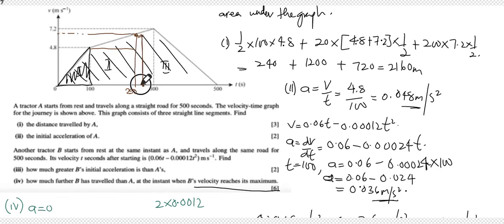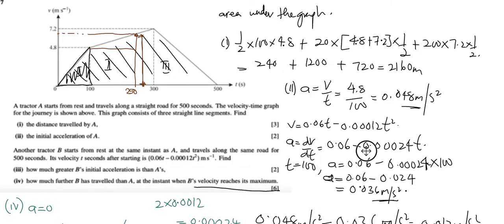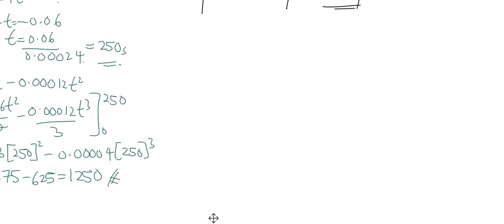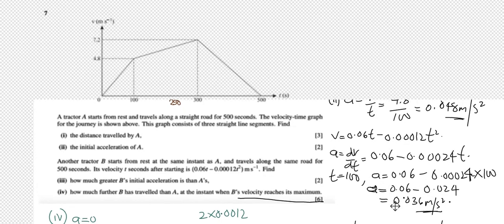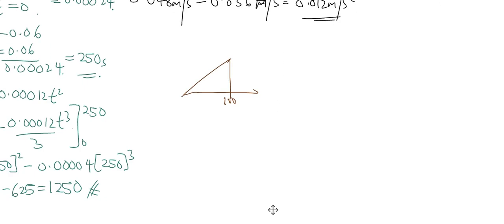What is the velocity at the 250th second? To do that, I'm going to draw a triangle here. We already have 100, and the height of this triangle is 4.8.